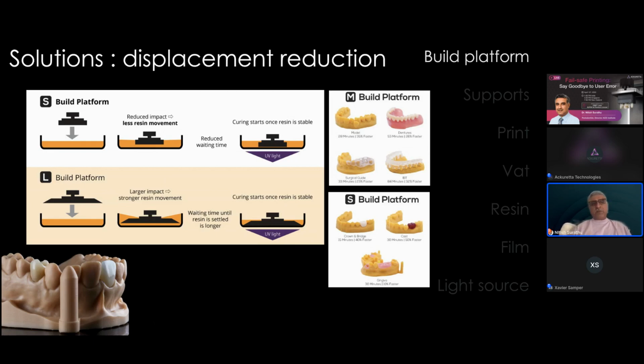So obviously, if you're printing with smaller platforms, the platform can go in and out of the resin much faster than a large platform. And again, if you're printing really small things, for example, in the lower right corner, you see if you're printing something like single crowns or small bridges or gingival masks or castable crowns in a lab that are going to be cast into gold or whatever. All of those are really small applications, and it's very useful to print these with a small platform, and they print super fast.